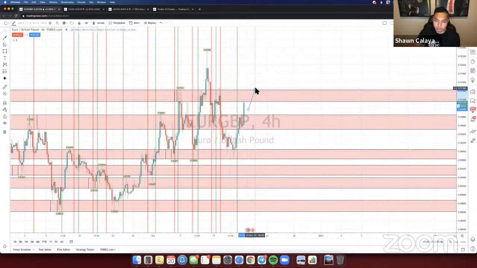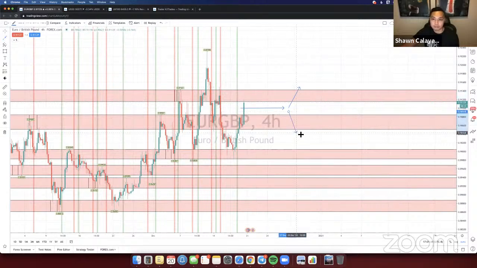However, if both countries are affected with that new news, it's probably just going to go sideways for the whole week until it breaks above or breaks below. So we'll just have to see how the COVID news plays out during the week, because we're not really sure how it's going to affect these markets directly. So that's it for EG right there.